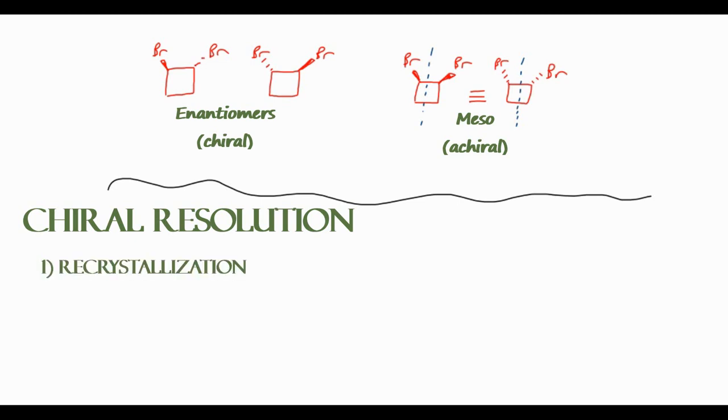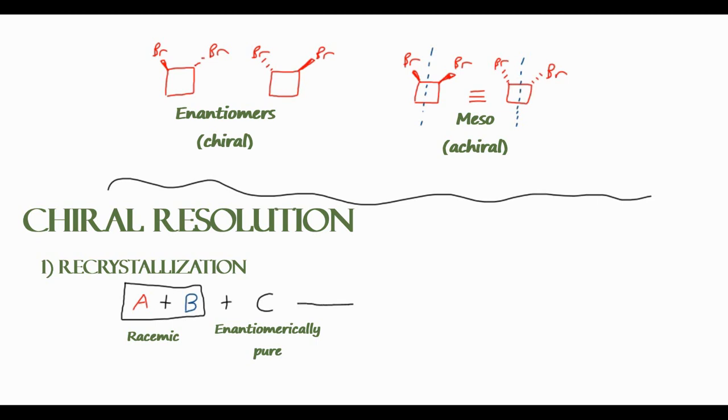So the first of these methods is called recrystallization. And what recrystallization is, is synthesizing a chiral salt out of, first we have a racemic mixture, so let's say A plus B, and an enantiomerically pure compound C, for example.